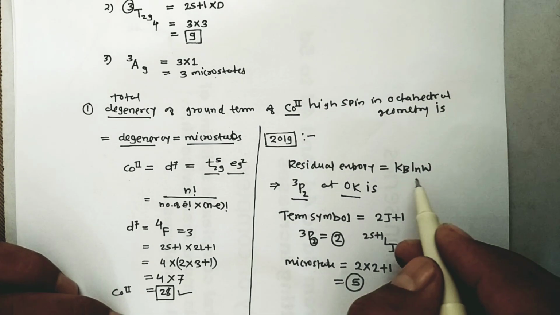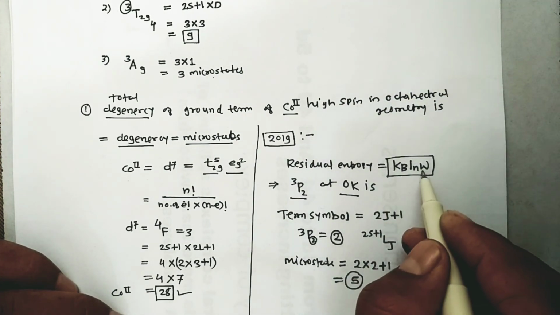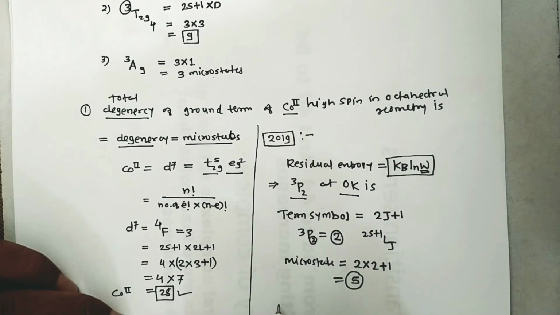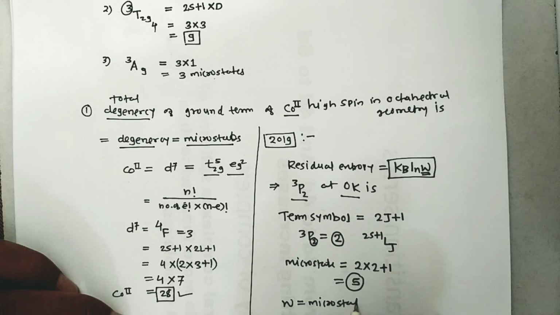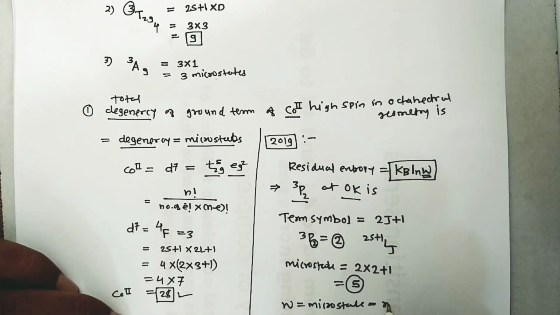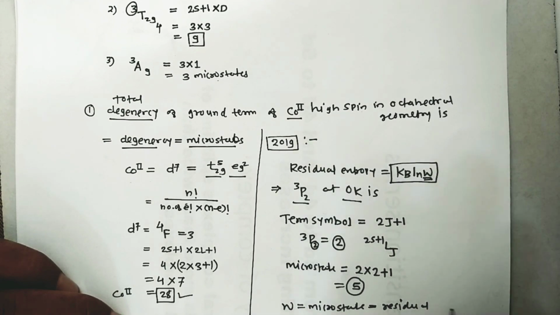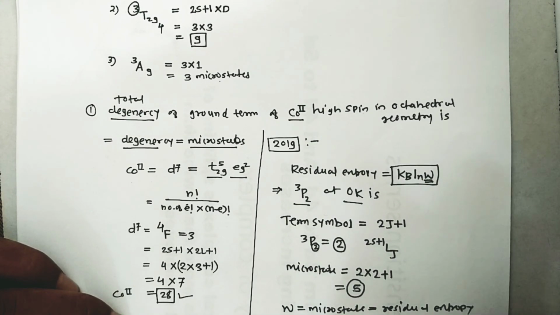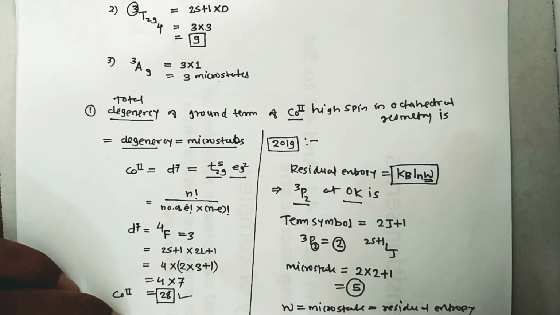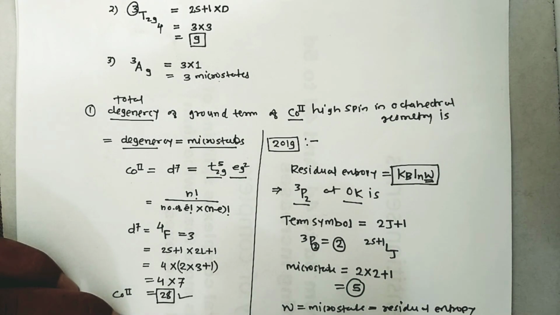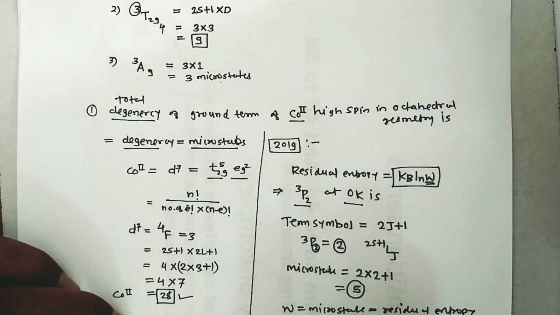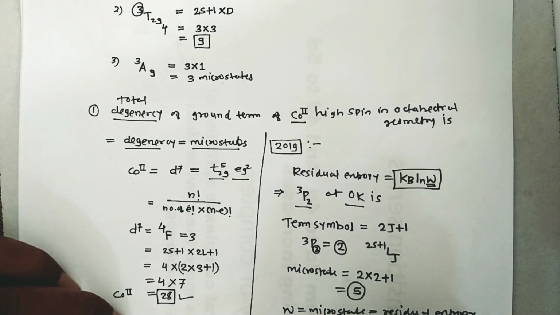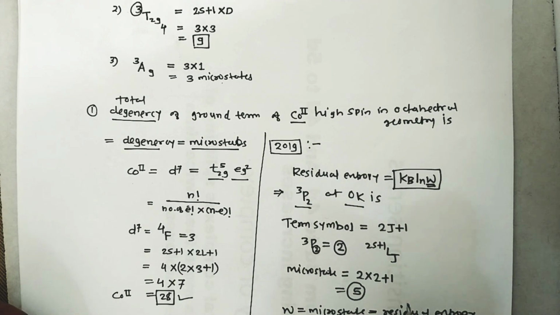Now in this formula the omega symbol is the number of microstates. Therefore the residual entropy S is equal to kB ln 5, in place of omega.